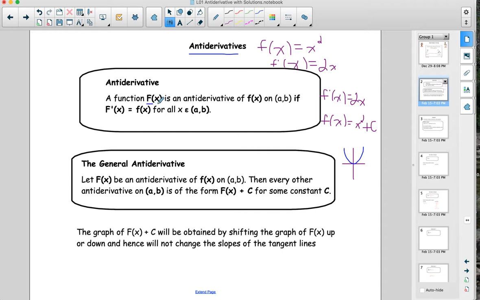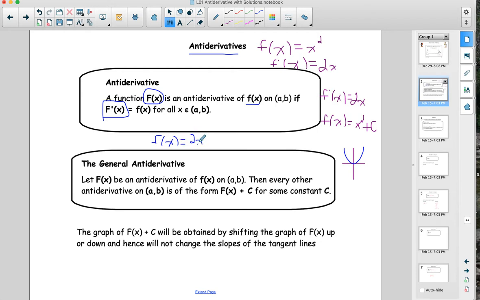So capital F(x) is an antiderivative of f(x) if F'(x) is equal to f(x). So I'm going to write it this way now. What if f(x) was 2x?